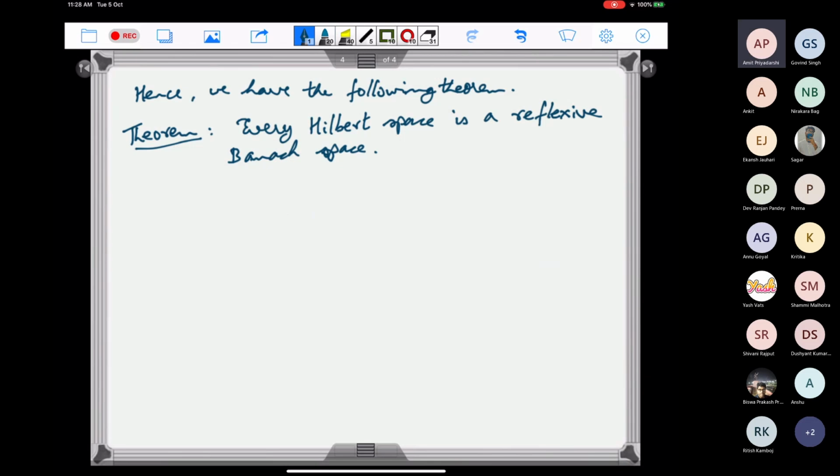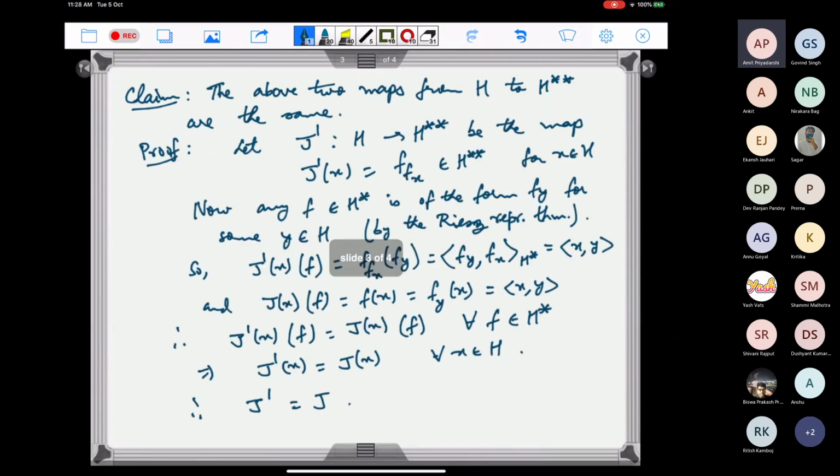Of course, you can have reflexive Banach spaces which are not Hilbert spaces, but this says that if you have any Hilbert space, then it has to be reflexive. So the proof is clear now, because we showed that this map J dash is onto, and by the above claim J is onto.